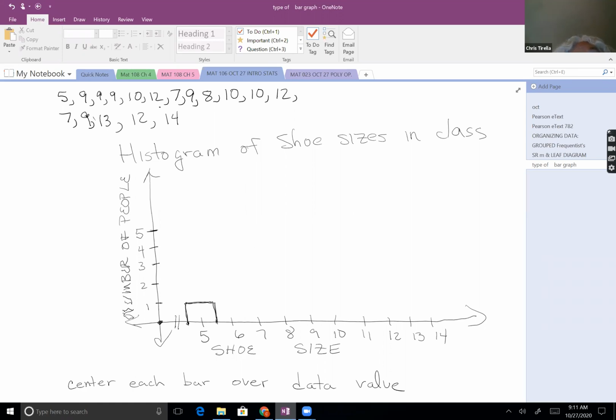Now, technically, we said the bars have to touch, but we didn't have any size 6s. So does it make sense because there was none there? It's going to look like there is no bar, but in our minds, we can picture that as a bar with a height of 0. We had one 7. We had one 8. We had 1, 2, 3, 4, 5 9s.